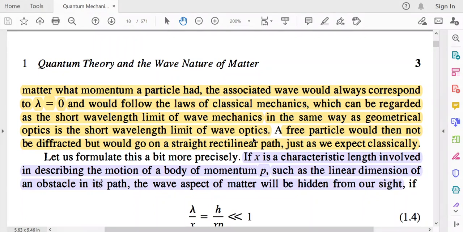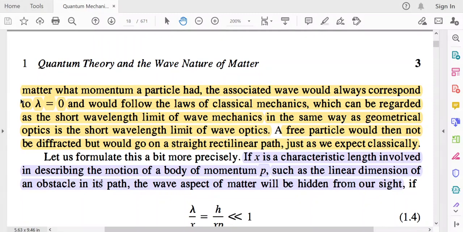Whenever we explain interference or diffraction, we consider that light has some wavelength. But when we discuss geometrical optics, we consider that light propagates in a straight rectilinear path. That means in geometrical optics we consider lambda equal to 0. So geometrical optics is the short wavelength limit of physical optics or wave optics.